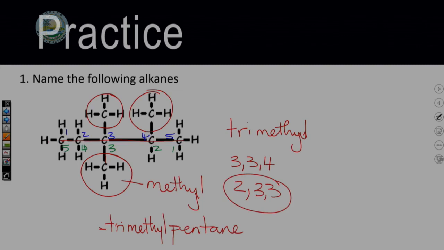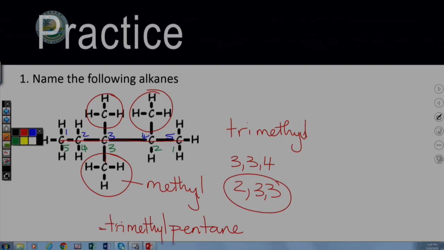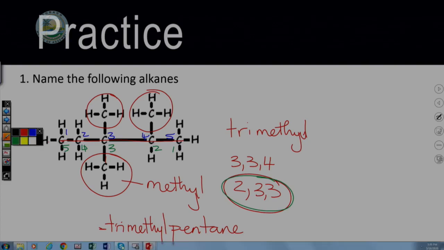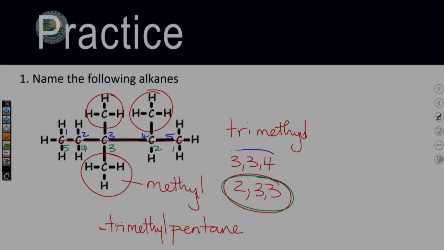This is the number system in green, and this is the number system in blue. So we're going to prefer the numbering in green because we have lower numbers that way.